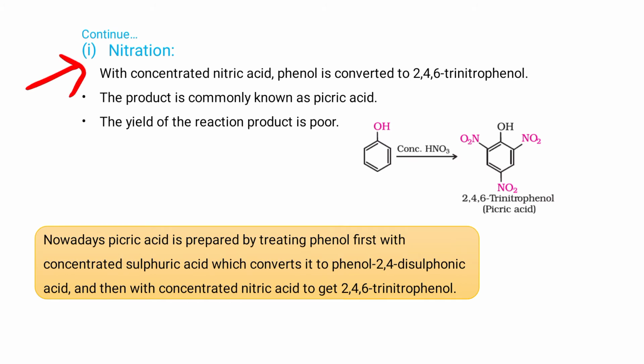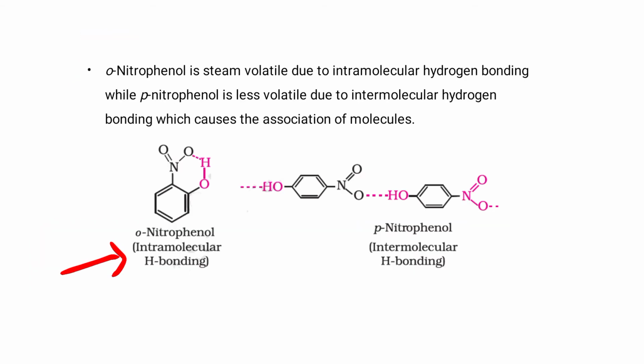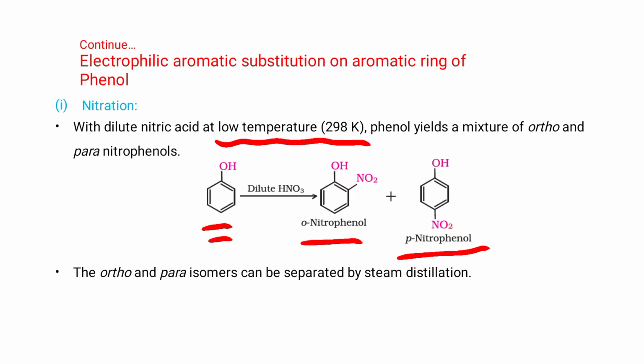Now coming to nitration with concentrated nitric acid. Phenol is converted to 2,4,6-trinitrophenol. In the last reaction, we discussed that phenol reacts with dilute nitric acid and converts into ortho-nitrophenol and para-nitrophenol.